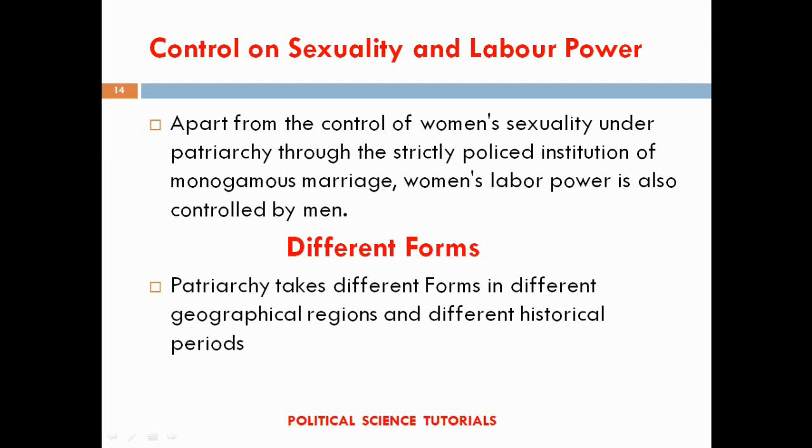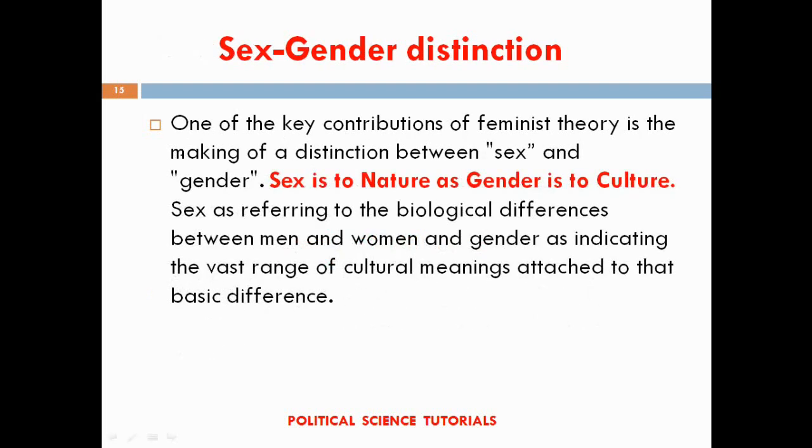But here we have to keep in mind that not every individual man is always in a dominant position, and not every individual woman is always in a subordinate position. It actually means that under patriarchy, there is an ideology that men are superior to women, that women are the property of men, and that women should be under the control of men.